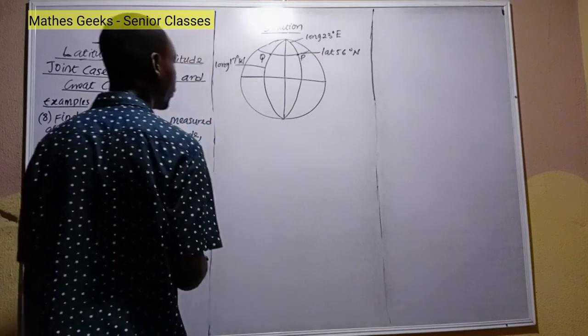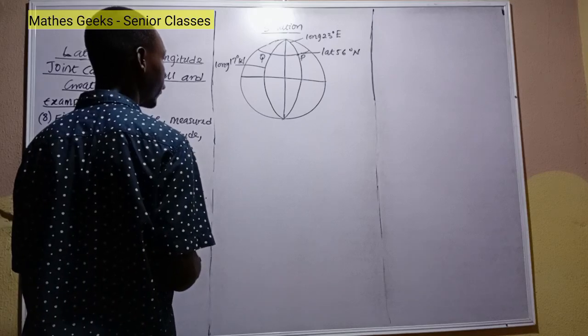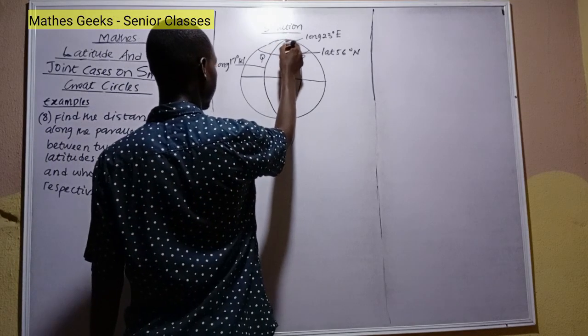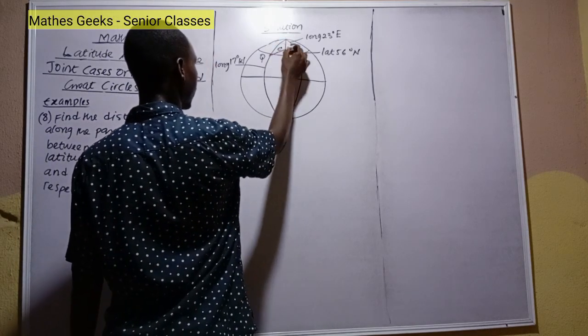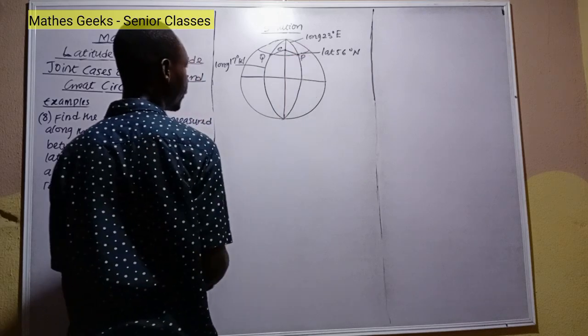Both P and Q are lying on the same line of latitude. So this is the center of the latitude, and these are the two points.